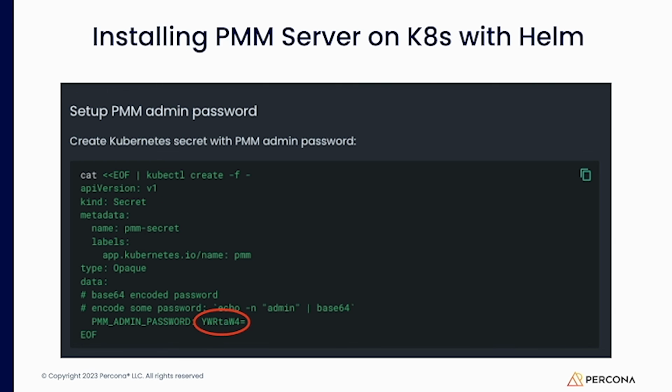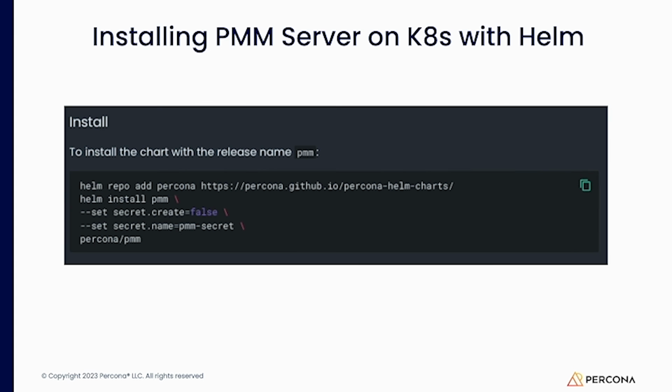In the end, you set the admin password, which is an echo from the base64 command. And then you can install the PMM using the Helm repo at the Percona repo, and then helm install PMM with the Percona PMM chart, and you will have a PMM server running in your environment.